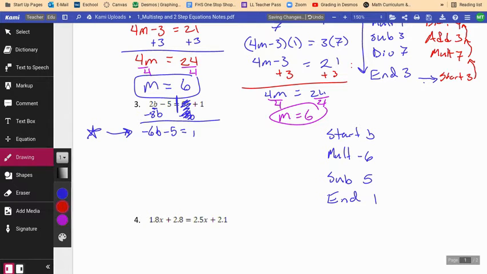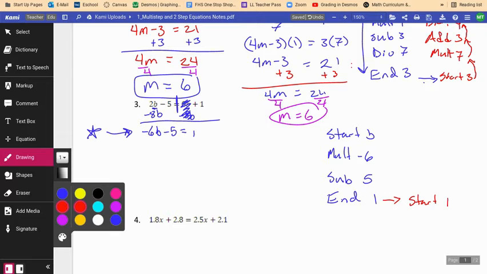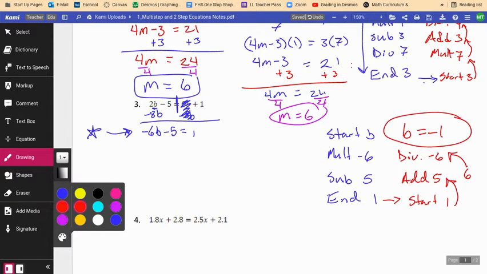Okay, so how do I undo that? I'm going to start with 1. I'm going to add 5 and divide by -6, and that's going to tell me what B was. So 1 plus 5 is 6. 6 divided by -6 gives me a -1. So we're going to see if B is equal to -1.